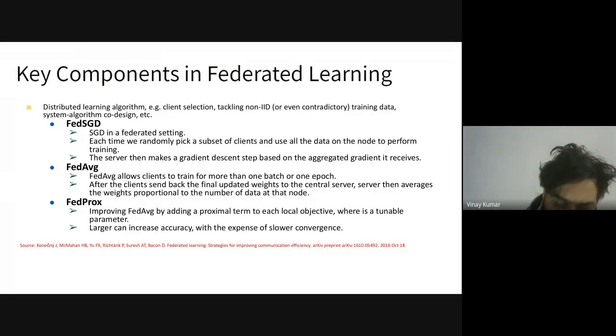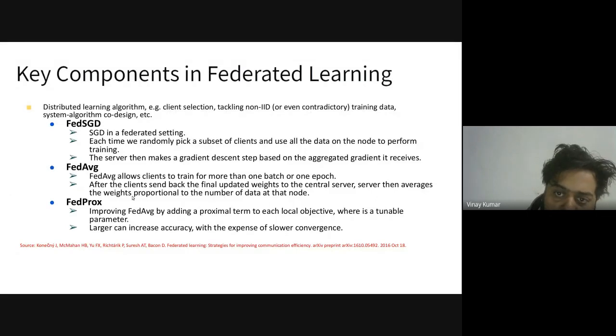SGD means stochastic gradient descent algorithm. Stochastic gradient descent with federated settings means we will update our SGD parameters using a federated setting.